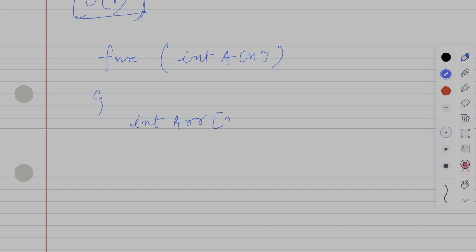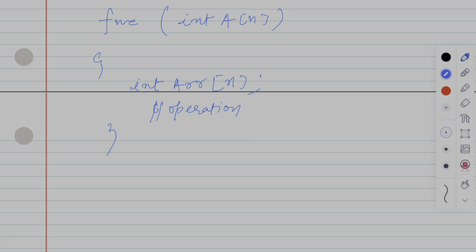And we are going to do some operation. Then here we can say that we are going to create an integer array ARR with size n. So now this size n is dependent upon the input size provided here. It will be growing, the size will grow as the input grows.